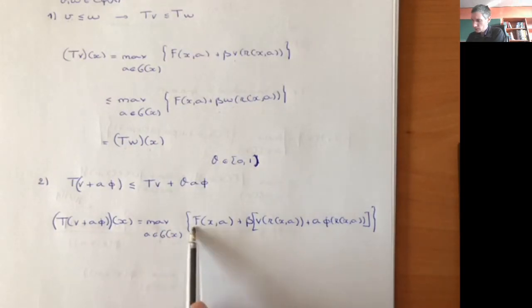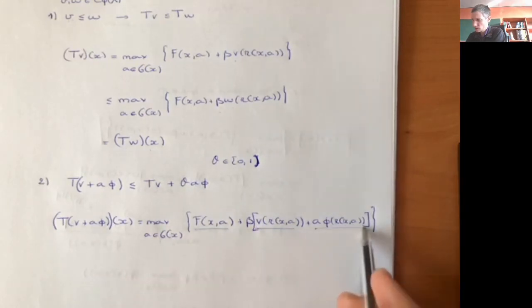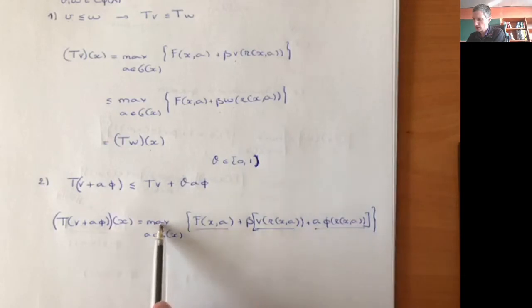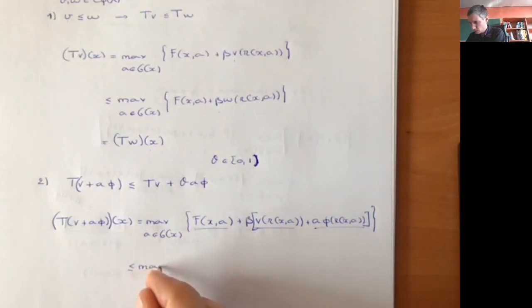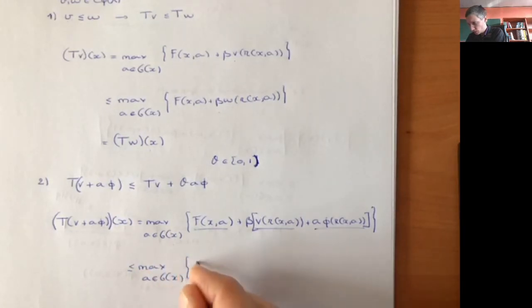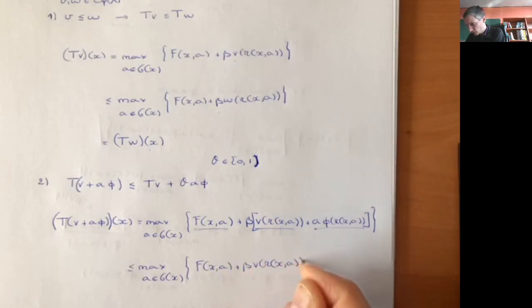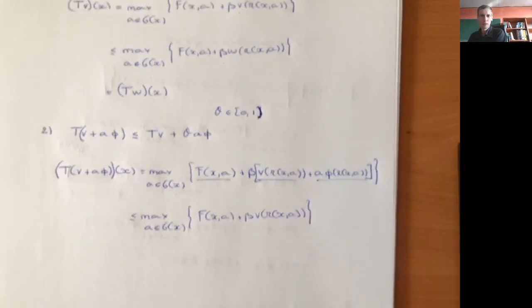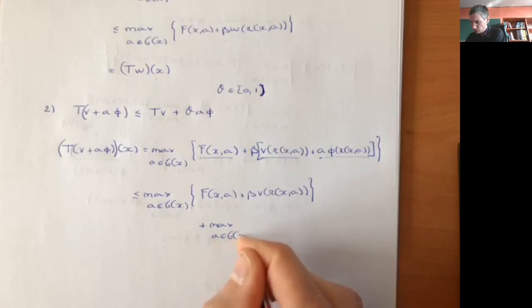Again, we can take this together with this, and then this is the remainder. So the maximum of a sum is lower or equal to the sum of the maxima. So this is less or equal to the maximum over a in g of x of f x a plus beta v r x a, and then plus the maximum over a in g of x.